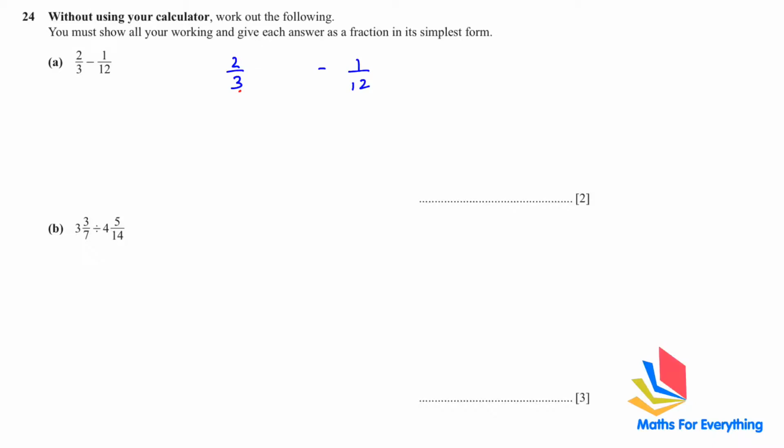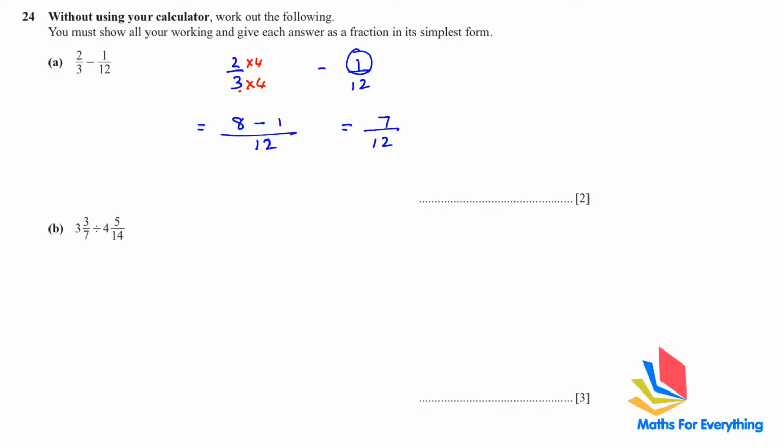To make this the same as 12, you can multiply by 4. 3 multiplied by 4 is 12. And the same number you multiply in the numerator. So you are going to get 2 multiplied by 4, 8. Minus 1, this is the minus 1. And because the denominator is common, you can write it as a single fraction. 8 minus 1 is 7 over 12.